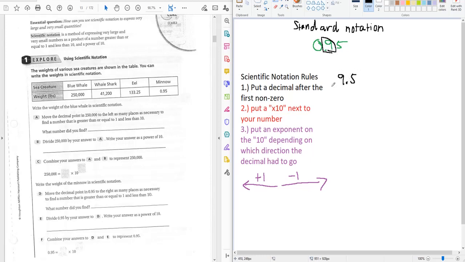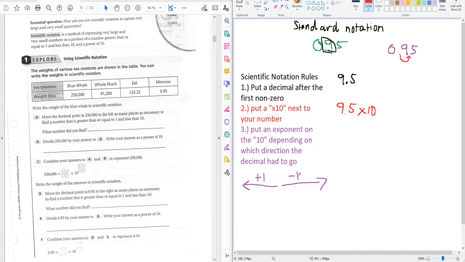Okay. You don't need to put the 0 in front for whole numbers. I mean, you can if you want to. It doesn't really make a difference. Next, we're going to put a times 10 next to the number. So 9.5 times 10. And then we're going to put an exponent on the 10, depending on which direction we had to go. If the original decimal was 0.95, I had to move this decimal one place to the right to get this.